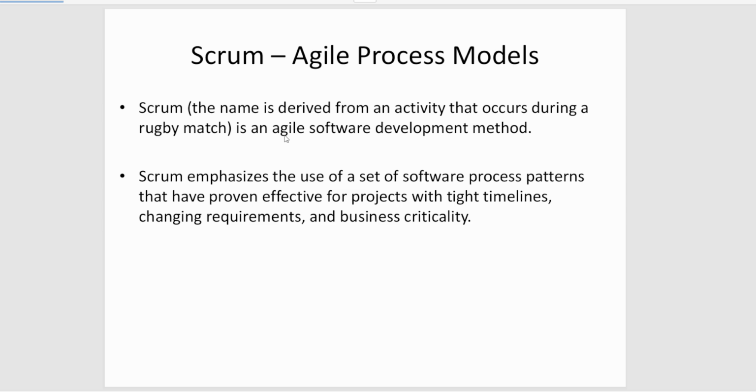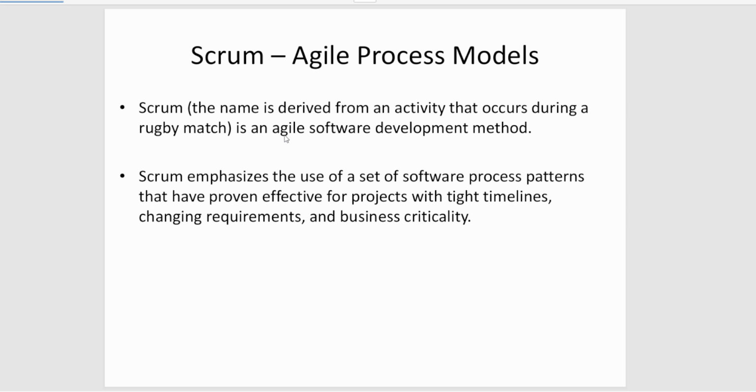You have mostly seen that when they start a rugby match, they are all focused towards one single event, that is picking up the ball, throwing it to your team, and then running it towards the goalpost. So Scrum is an agile process of developing software very efficiently and economically.